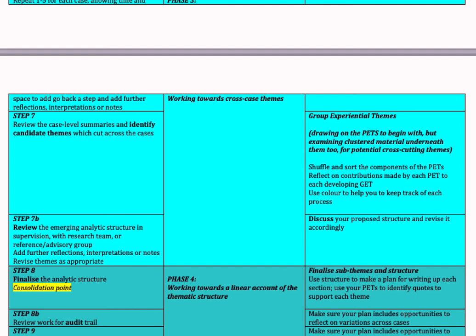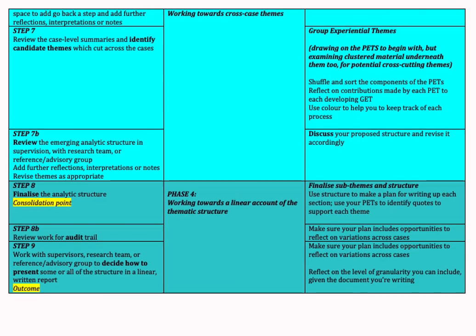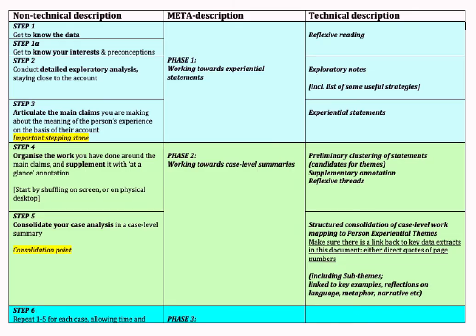And then finally, you would begin working towards a linear account of the thematic structure, which you can present in narrative form and talk a reader through in a journal paper, in a thesis, or in a conference talk. So these are the main steps in the process, and what we've tried to do in this document is talk about them in both technical and non-technical language.